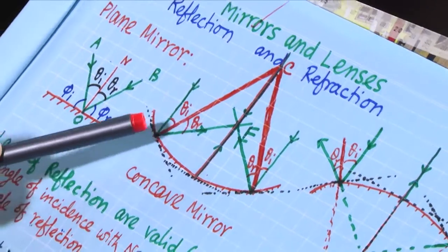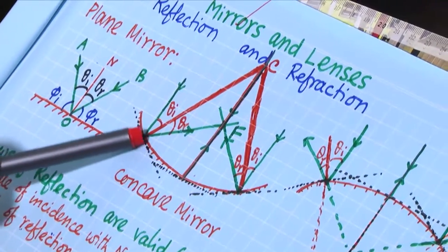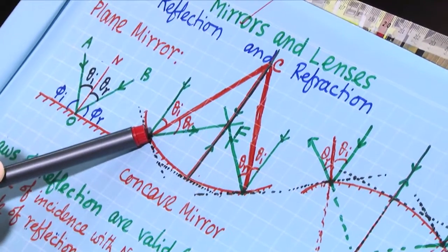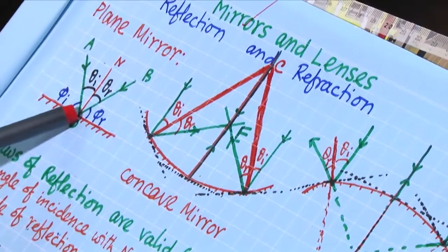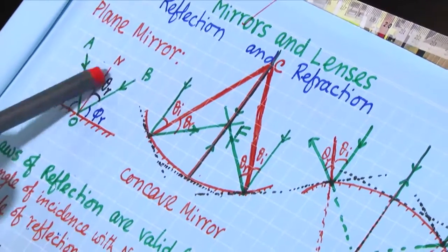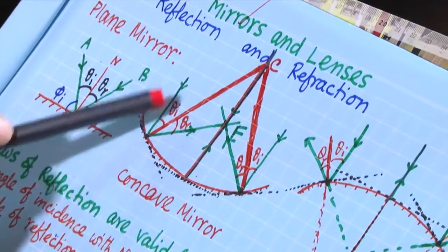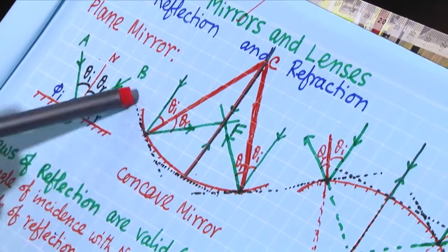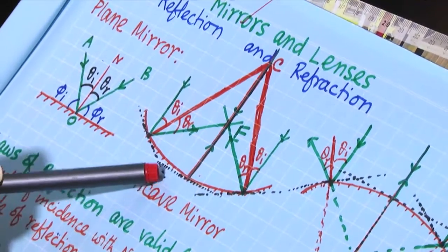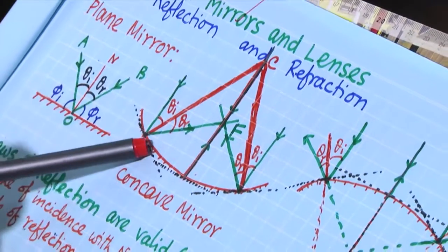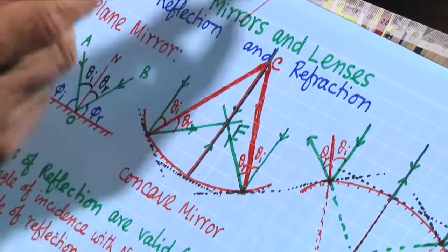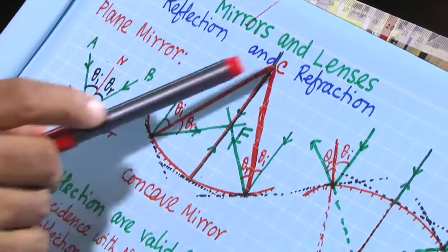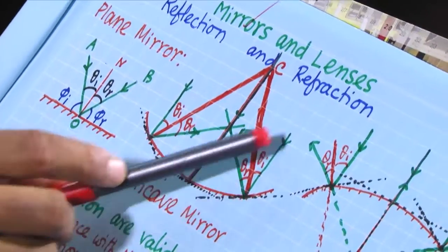Okay, so as if this small portion here is like a plane mirror. Whatever ray diagram we draw for the plane mirror, similar ray diagram we draw here. As if this tangent is the plane mirror. From this plane mirror it is reflected as we have seen here. Similarly at this point also it is reflected the same way.